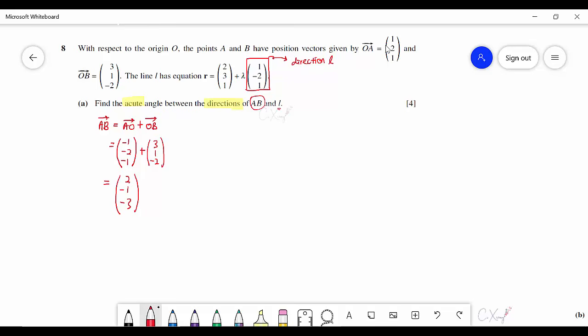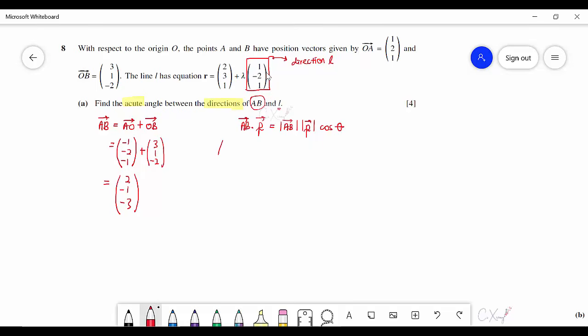Then you can start with the calculation for the acute angle between these two directions. So what is the acute angle formula? Generally you have AB dot P, where P I refer to as the direction of the line L, equals the modulus of AB times the modulus of P, then cos theta. So you want to find the cos theta here.